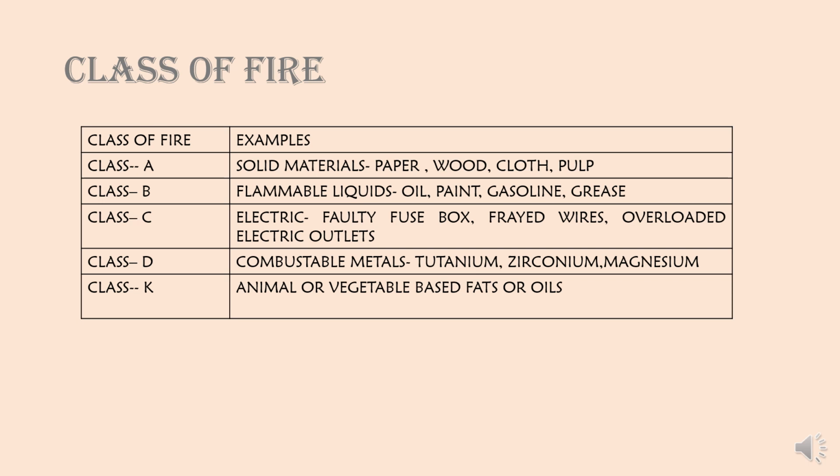These extinguishing agents and techniques used in case of Class A, Class B, or Class C fires do not work in Class D fires. And now the Class K fires, which involve cooking medium like the animal or vegetable based fats or oils.